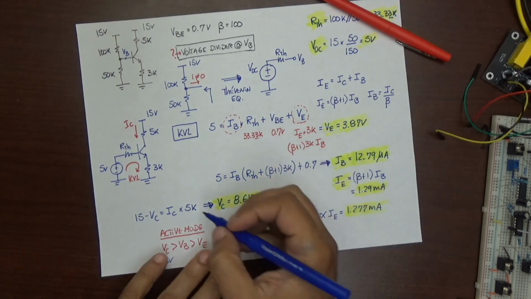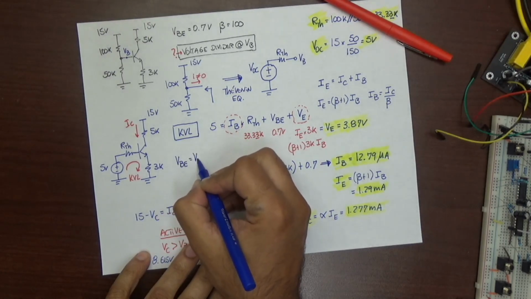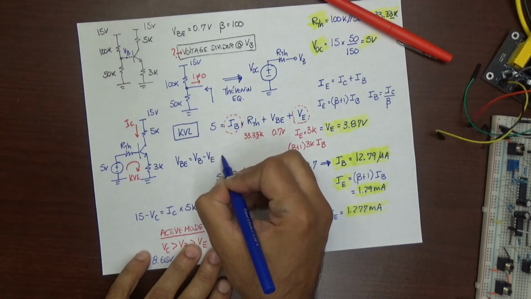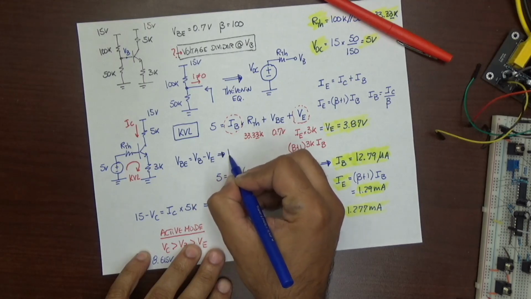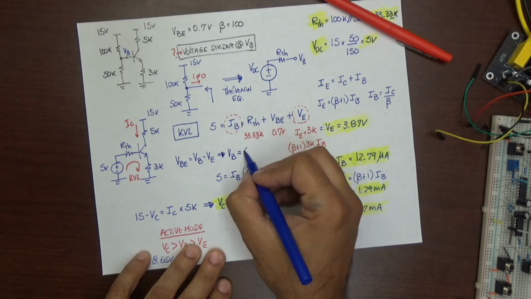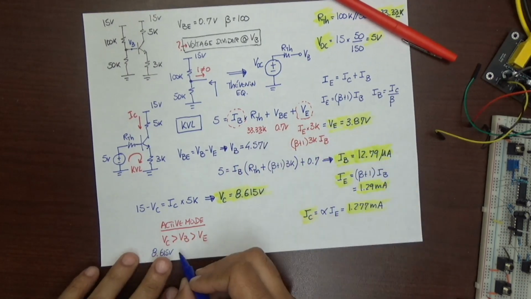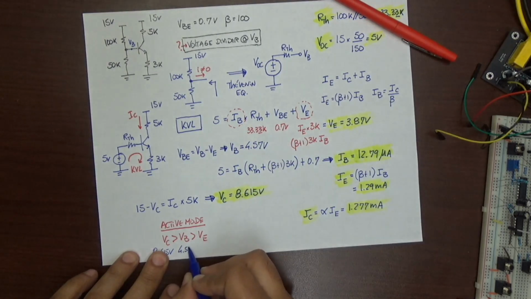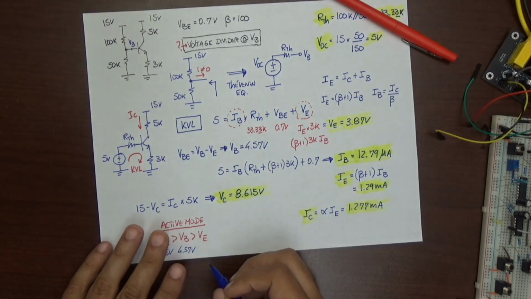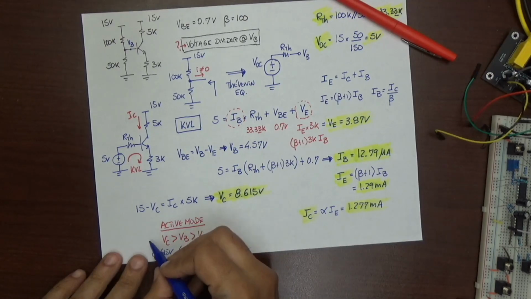So VBE equals VB minus VE, and from here I get a VB of 4.57 volts. All right, let's plug that there, and my VE is 3.87. Highlight helps, and I'm in active mode, so my assumption is correct.